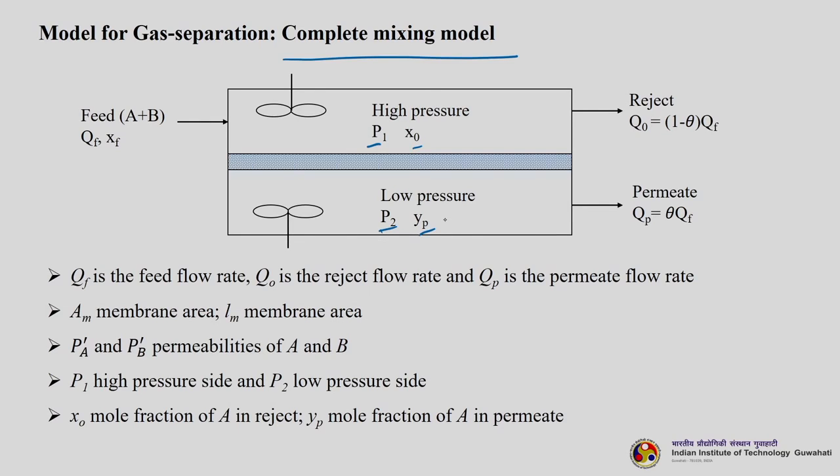The reject or retentate flow rate is Q naught, which is (1 minus theta) into QF, and permeate is Qp equals theta into QF. So, Am is the membrane area and Lm is the thickness of the membrane. Okay. Pa dash and Pb dash are permeabilities of A and B, and P1 is the higher pressure, P2 is the lower pressure. And mole fraction we have already discussed.